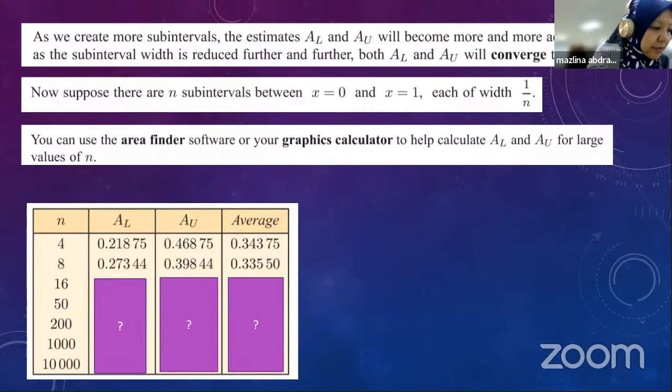Okay. So now we have this. Now we are going to calculate the lower sum first, yang kita ada AL ni kan. Okay, cuba tengok. Here, we want to calculate this value. So how are we going to do this? And our function just now, our fx is equal to x squared.